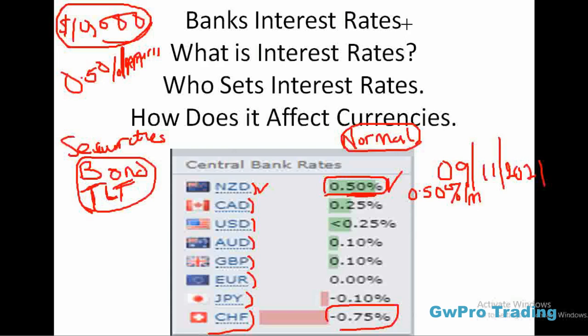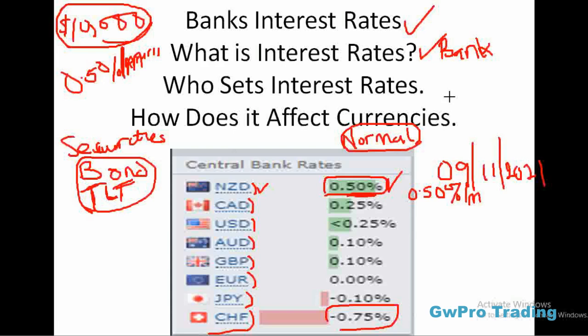So this explains interest rate. Who sets this interest rate? The banks. The banks set the interest rate. All right.